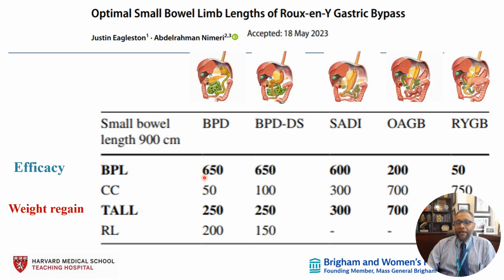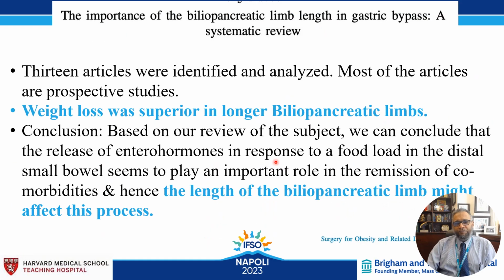So again, the BPL is still longer in BPD, DS, and SODI, but now the total alimentary limb length in the third row is very different. These patients might have significant recurrent weight gain if they have OAGB or Roux. That's why the length of the bowel is an assumption that needs to be tested.